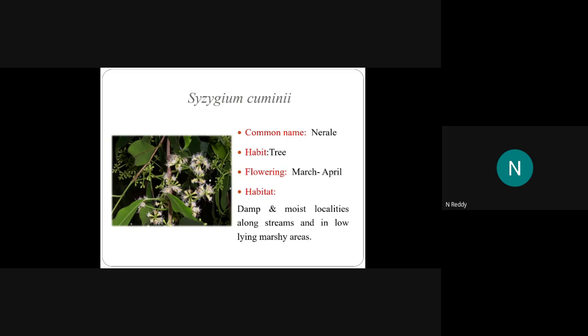It flowers during March, April, and also continues till May and June in hilly zones. It can be grown all over India, in damp, moist localities, along streams, and in low-lying marshy areas also. In plains and hilly zones, everywhere it can be grown.